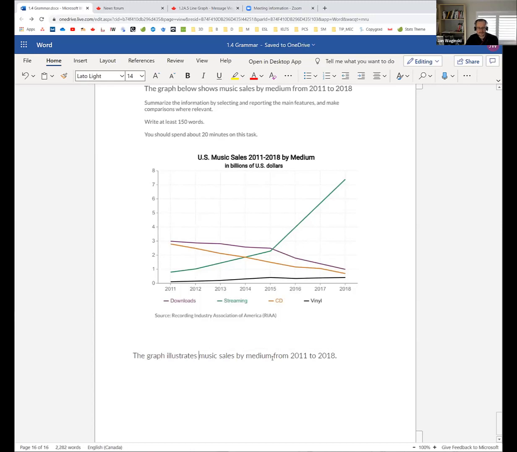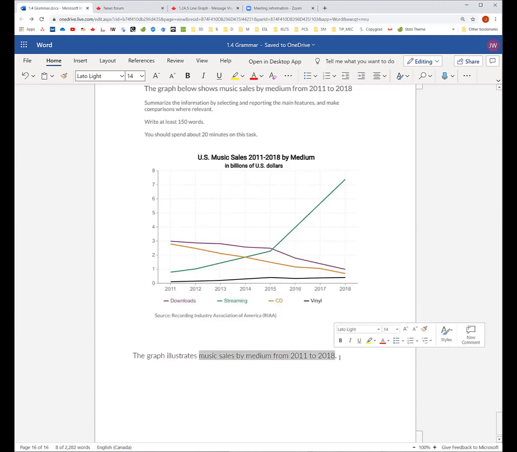Music sales by medium from 2011 to 2018. So this is the same, which means we can't use it. And here's a rule if you're ever writing anything: 3 or more words copied from another source in order must be in quotation marks. That's like an iron rule. If you don't put them in quotation marks, it can be considered plagiarism.